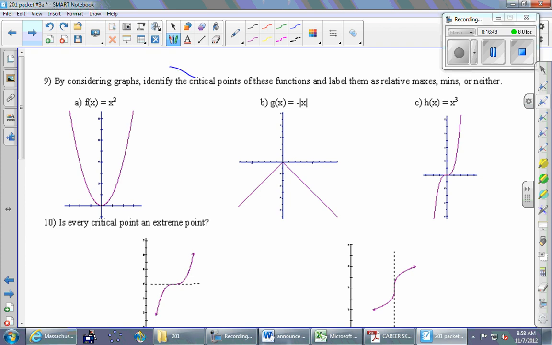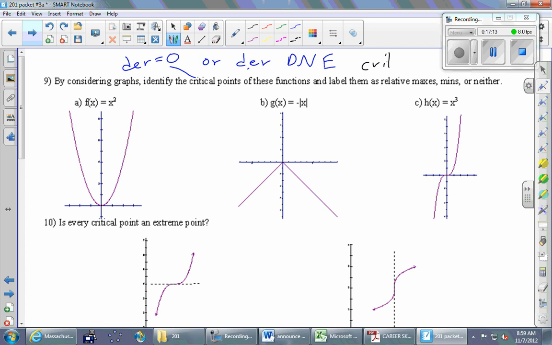Okay, so again, critical point means that the derivative is 0 or the derivative does not exist. That's what a critical number is. And you can see I've already started changing the vocabulary that we defined. I'm calling it a critical point here. It doesn't make much difference to me, but here's the distinction.